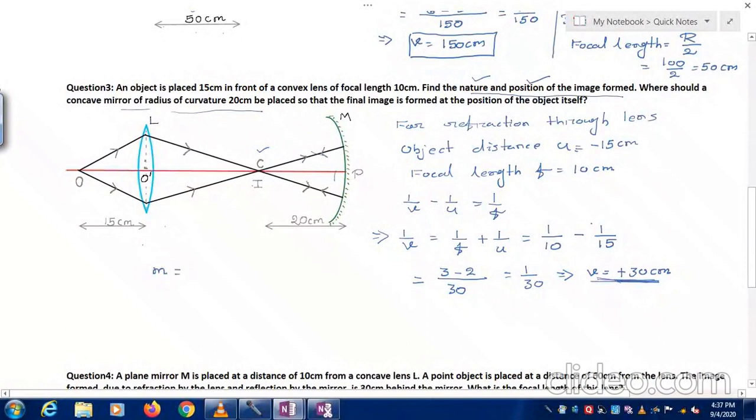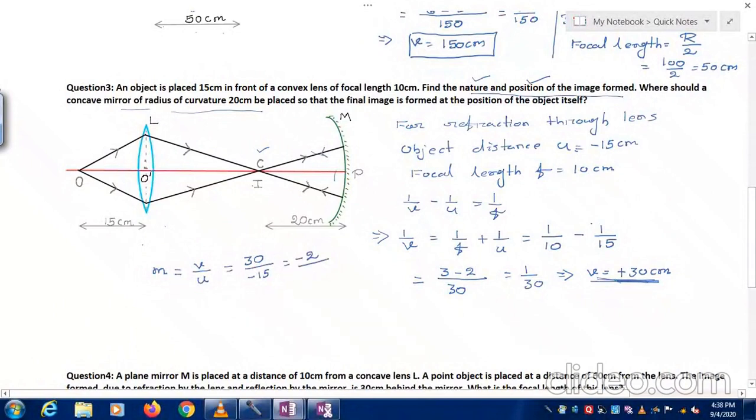Now we have to find its nature. So we will find the magnification produced by the lens. The formula is M is equal to V by U in case of a lens. So here V is equal to 30 centimeter and U is equal to minus 15. So it is equal to minus 2. So magnification is minus 2.